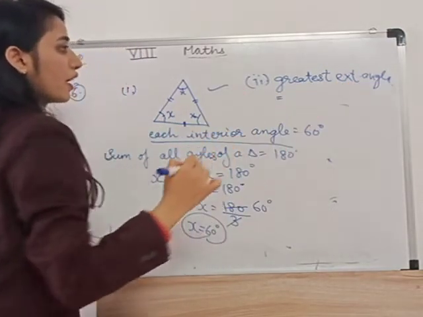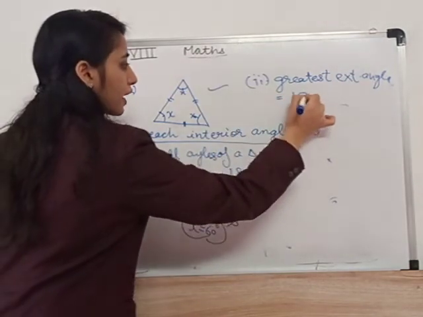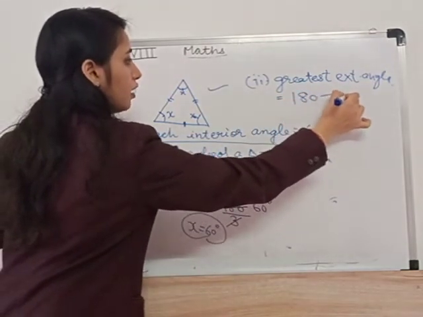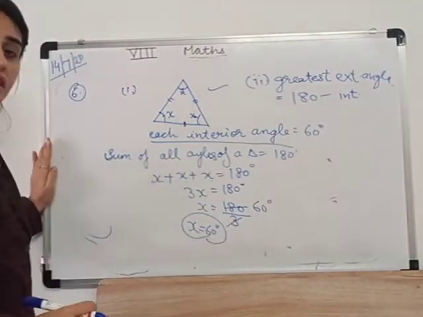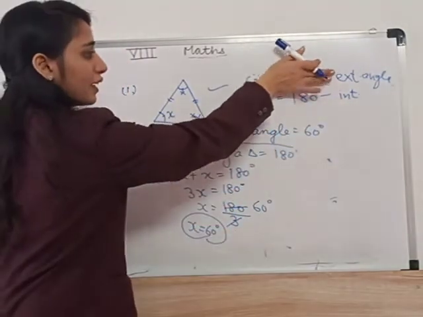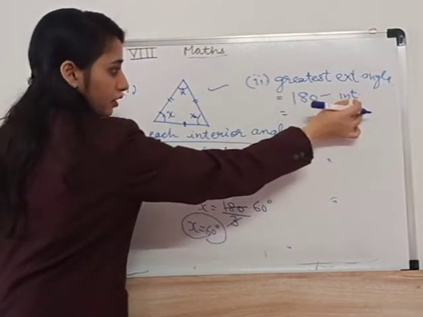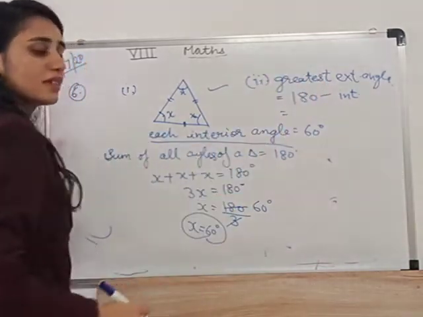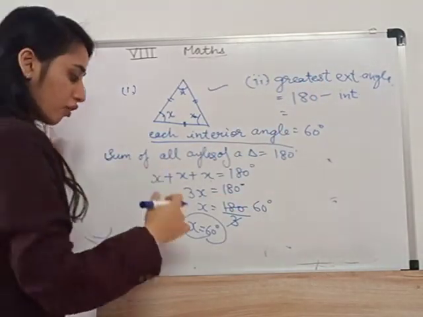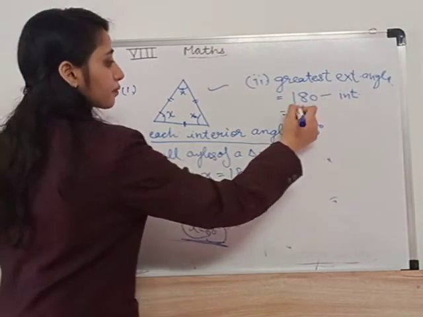How can we find the exterior angle? By subtracting the interior angle from 180, we can find the exterior angle. If we subtract the minimum interior angle from 180, we can find the greatest exterior angle, and we already know the minimum interior angle is 60.